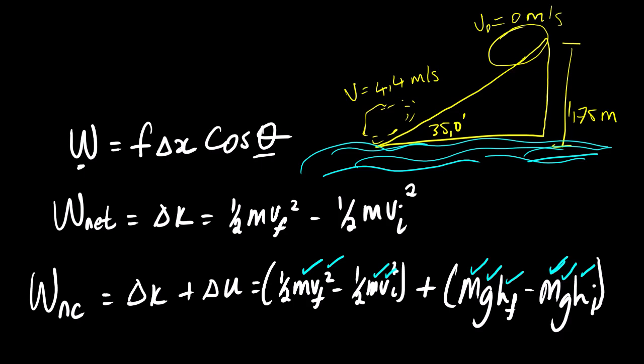Now, looking at this work done by non-conservative forces, there's only one force which is a non-conservative force, that is the frictional force. So we can actually use this equation to calculate the work done by the kinetic friction, since it's the only force that is doing a non-conservative work to the object.